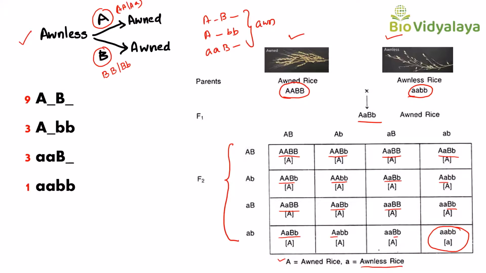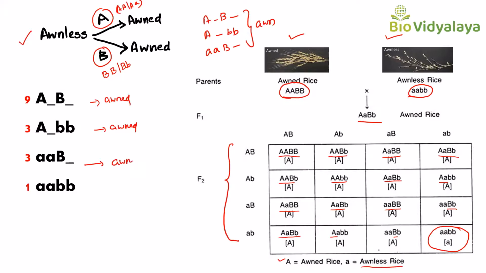So, the normal dihybrid cross ratio is 9:3:3:1. But here this is onrice, this is onrice, this is also onrice.